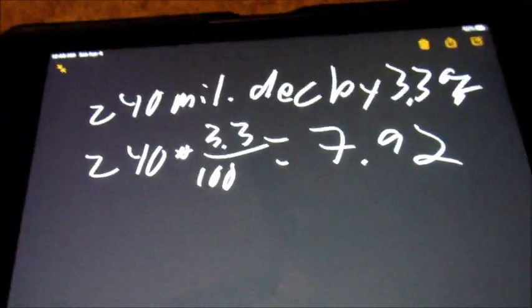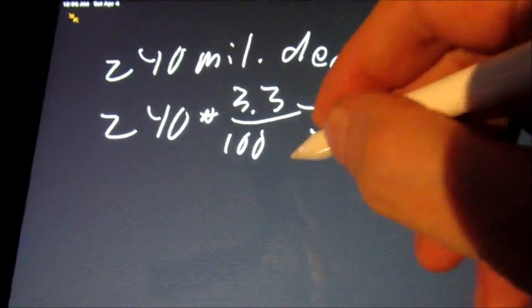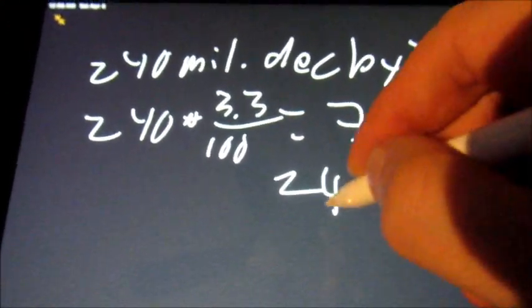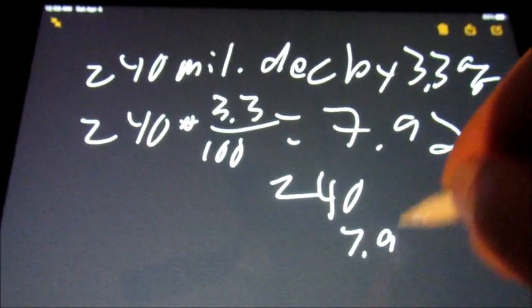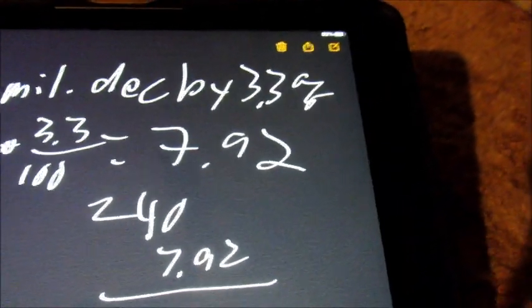And so now we have to decrease. So we're going to say 240 minus 7.92.